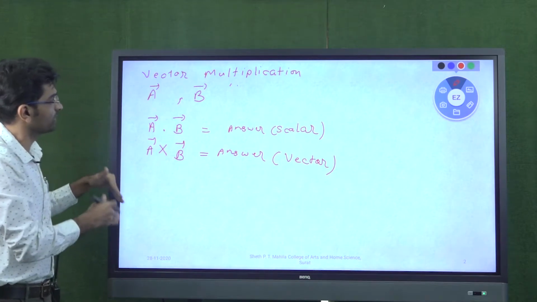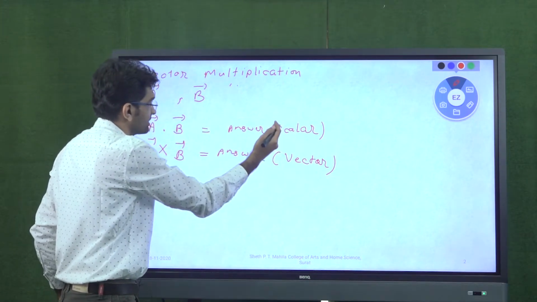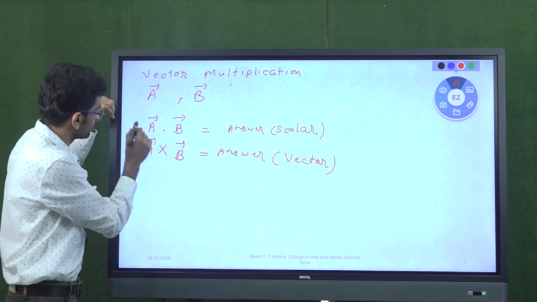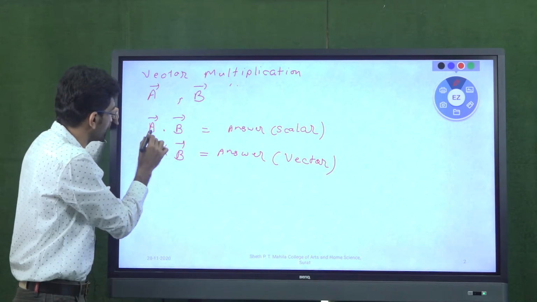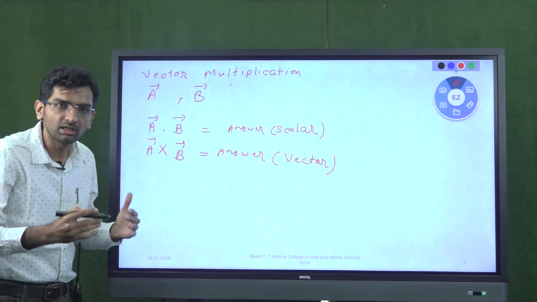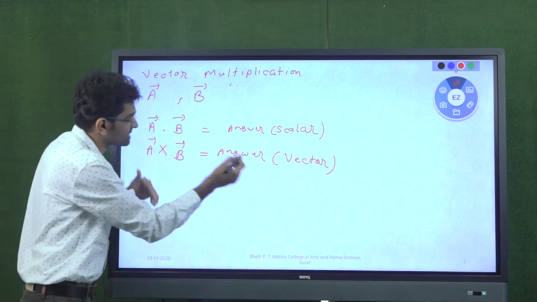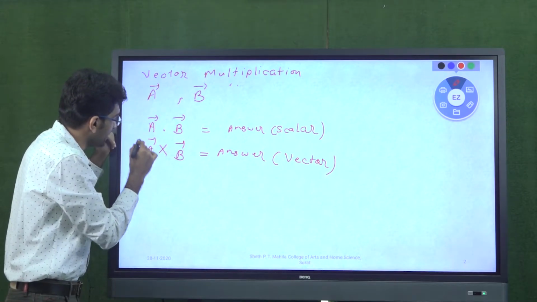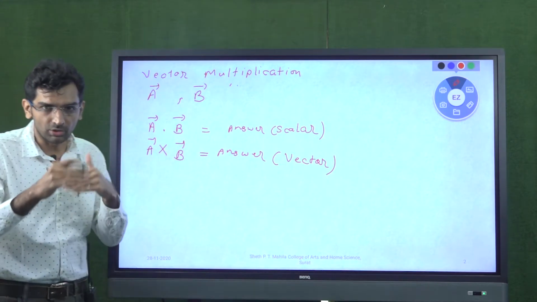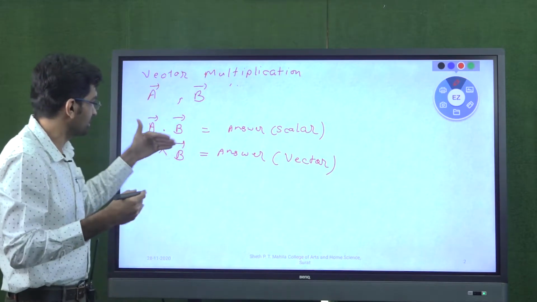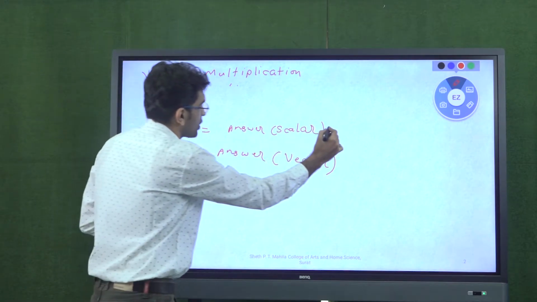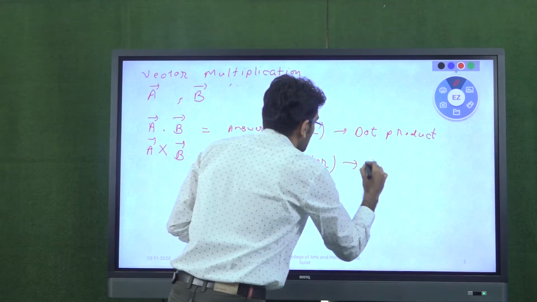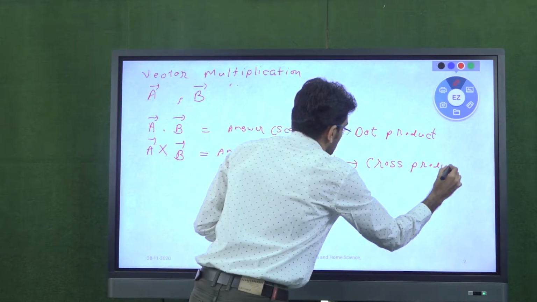So if I multiply one vector with another vector and my answer is a scalar, non-vector, then that is called scalar multiplication of the vectors, denoted symbolically as A dot B. And if my answer is a vector, then that is called the vector multiplication, denoted as A cross B. In regular mathematics language, I will say that this is the dot product and this is the cross product.